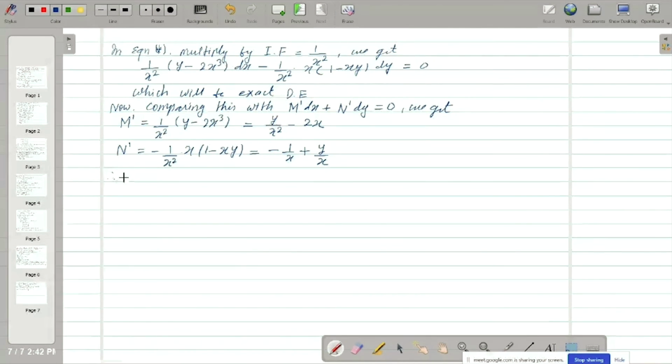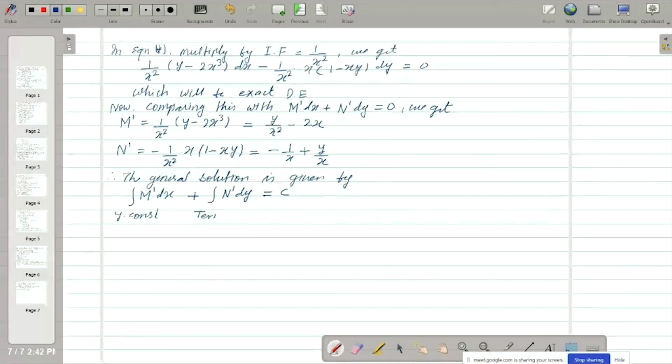Now, therefore the general solution is given by, what is the general solution? Integrating M dash with respect to x by treating y constant, plus integration of N dash dy equal to c, where c is the integrating constant, by treating terms in N dash free from x.